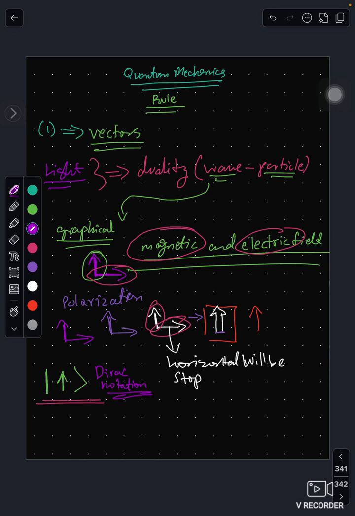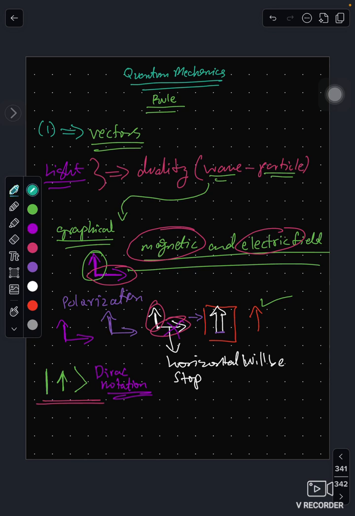These are some of the important concepts in quantum mechanics. So here, what actually happened is that the light, which was in both vertical and horizontal phase, turned into only the horizontal phase, and the vertical part was stopped by the polarizer, as there is no vertical polarizer.